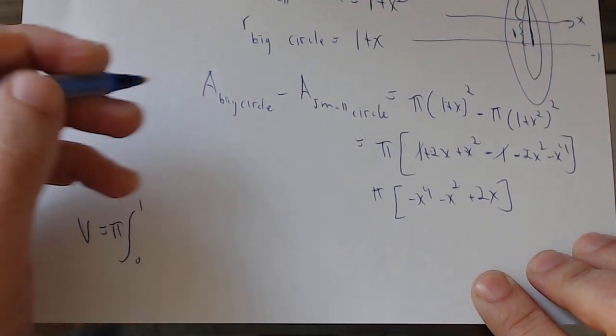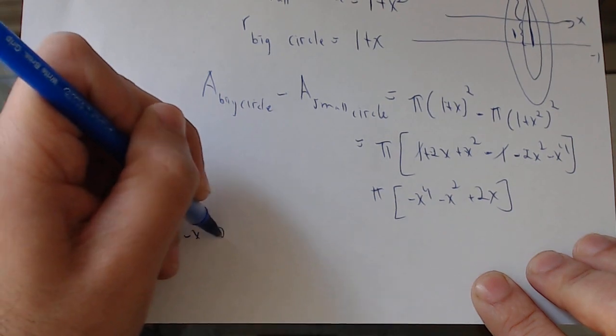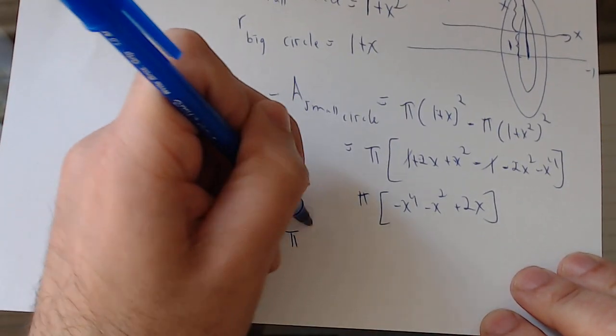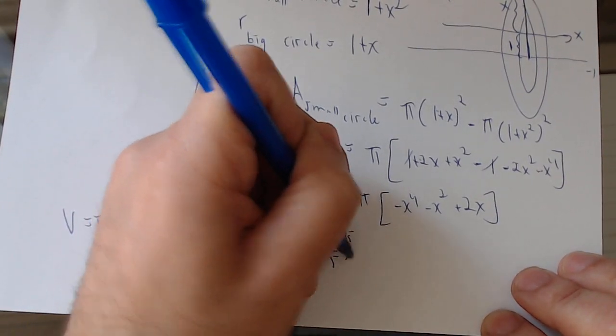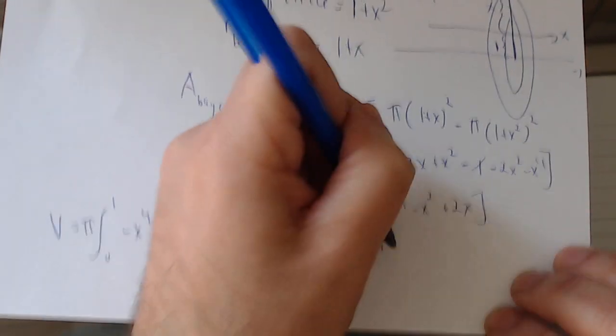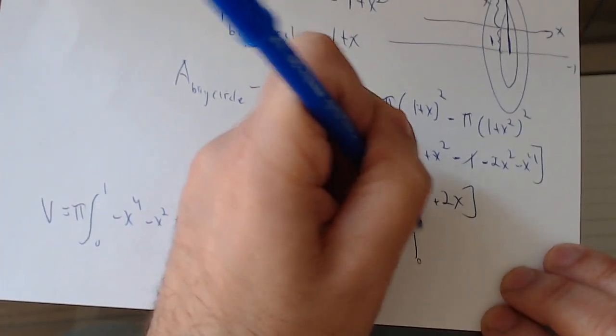It'll just be pi times negative x to the 4th minus x squared plus 2x dx. And now I can integrate, which would be pi times negative 1/5 x to the 5th minus 1/3 x cubed plus x squared from 0 to 1.